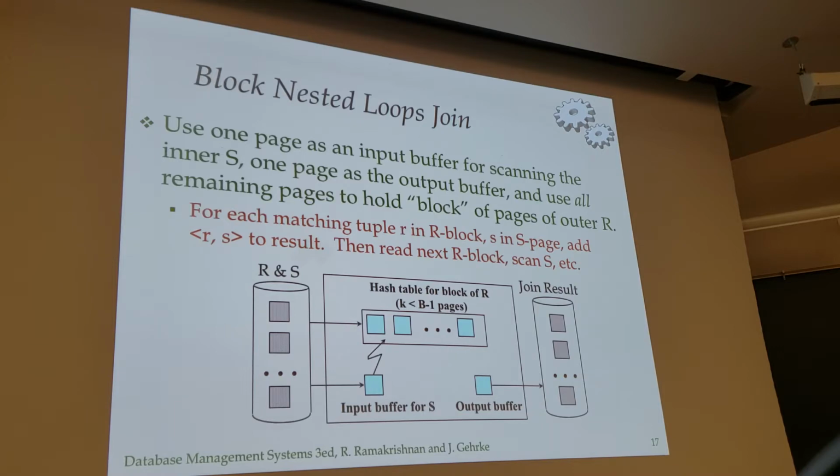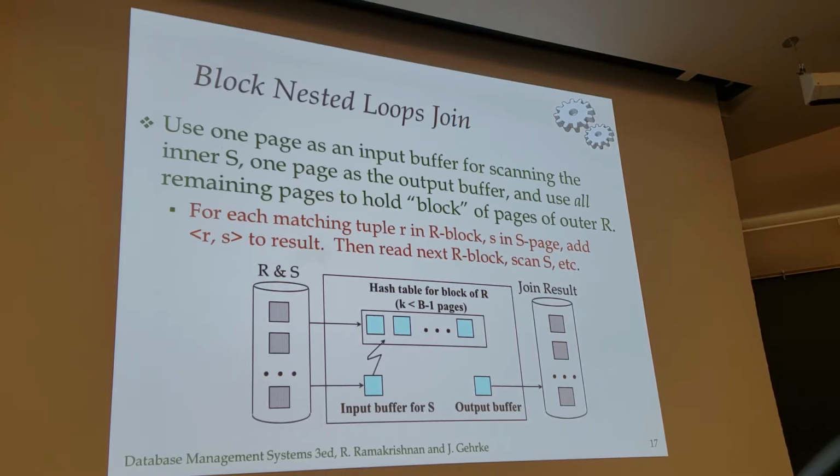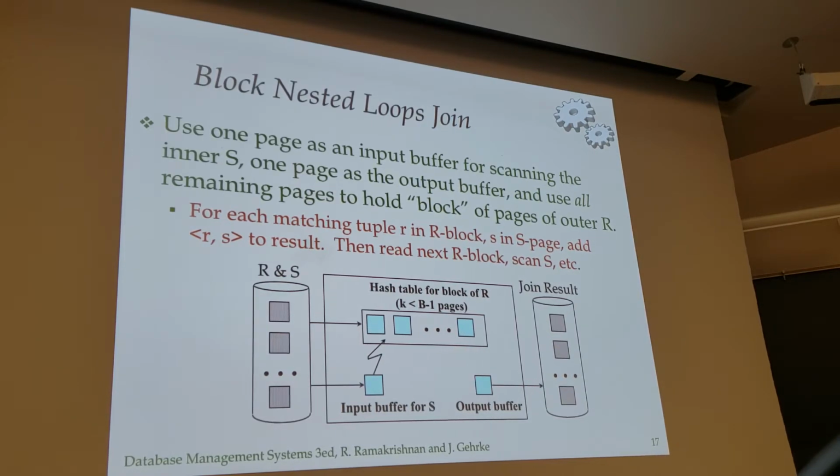And what we're going to do is go one by one in this particular case. We're going to have 1 page for the inner relation S. Either one of them could be the inner relation, but we'll say that S is the inner relation here.